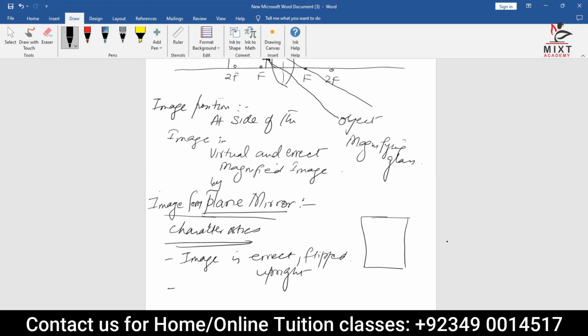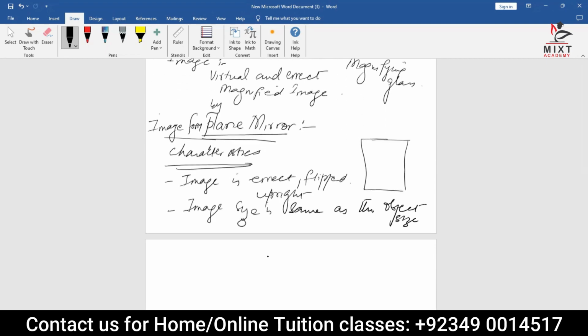What about the size of the image? Yumna, the size of the image which you see in your mirror compared to the object is what? Greater, smaller, or equal? Equal. So you can say that image size is the same as the object size. What about the distance of the object from the mirror and the image distance from the mirror?